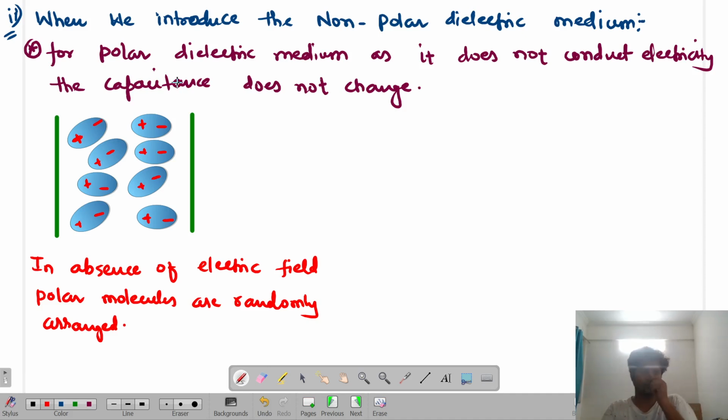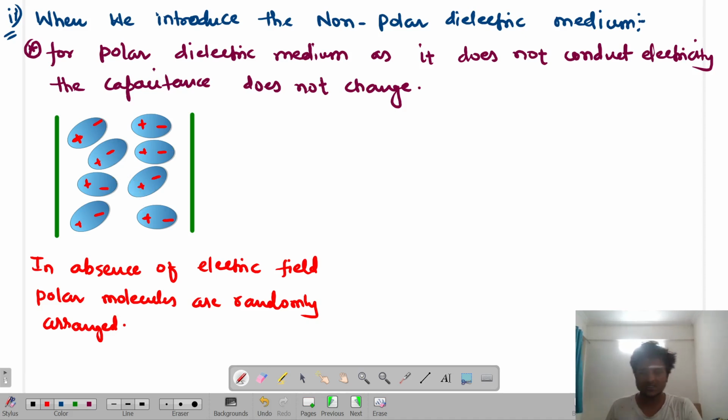Look over here, many people will get confused, sir. You were saying previously that polar molecules are those which have polarity but do not conduct electricity, and non-polars are those which do not have polarity but conduct electricity. But here you are considering a molecule which already has polarity. So is it a polar dielectric or a non-polar dielectric? The point is, this is still a non-polar dielectric.